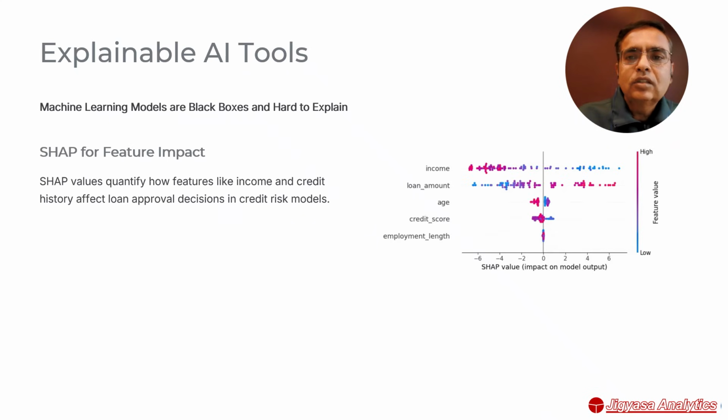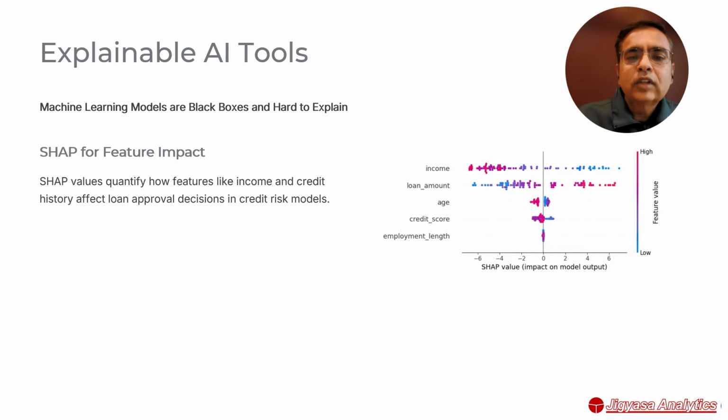So one such tool is SHAP. Again, what SHAP does is takes this machine learning output and uses that to create contributions for income and help you visualize how income is impacting credit risk, or something like age is impacting credit risk, or credit score is impacting credit risk.